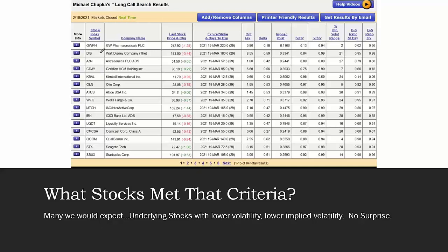And you see some common names you'd expect: Disney, AstraZeneca, Wells Fargo, ICICI Bank, Comcast Corp, Qualcomm. Seagate Tech was a little bit of a surprise, and Starbucks. Right now, since they've already passed their earnings essentially, the options looking forward are considered undervalued from what the stock has been doing and what their theoretical value should be as well.